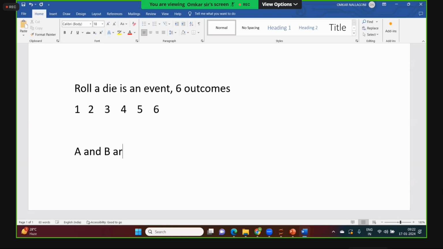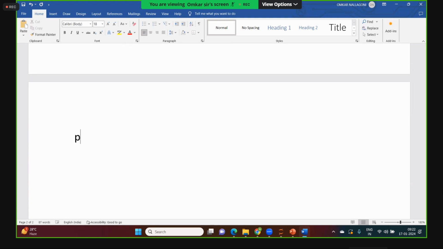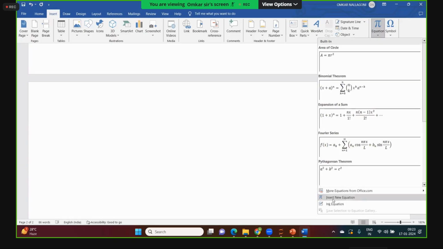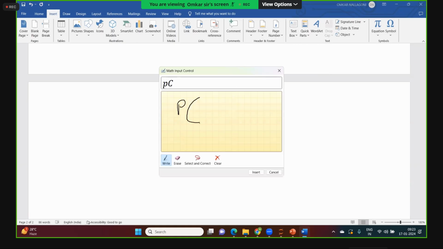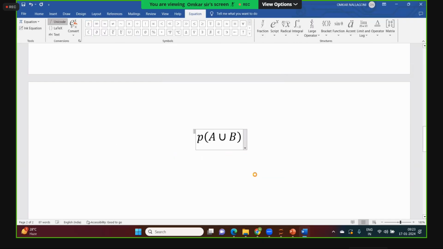Generally, A and B are two outcomes. Now, probability of A union B. Do you know the formula for probability of A union B? P of A union B. Tell me what the answer is.